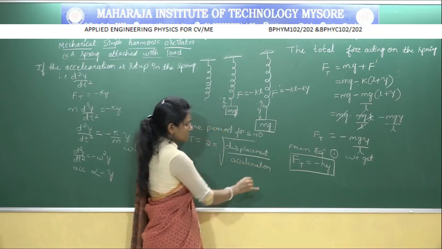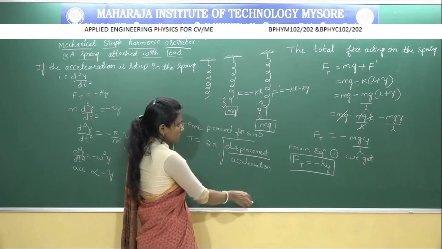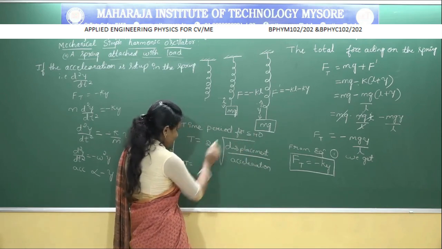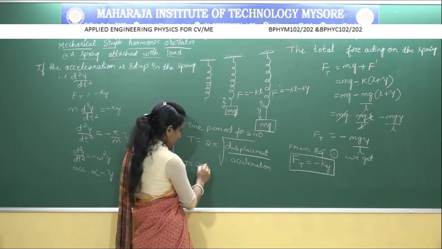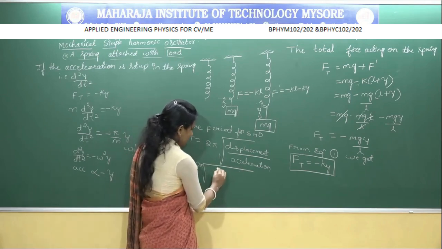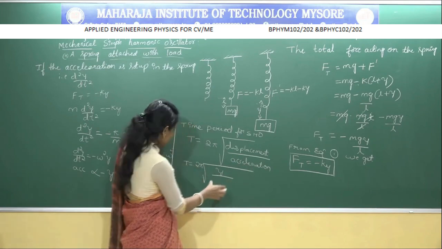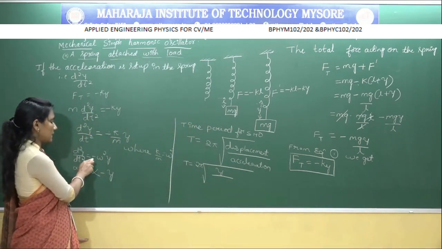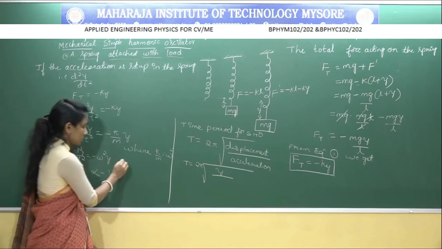So what is the displacement here? When pulled down, it is y, so T is equal to 2 pi root of y divided by the acceleration. We got that the acceleration, d square y by dt square, is equal to minus omega square y.